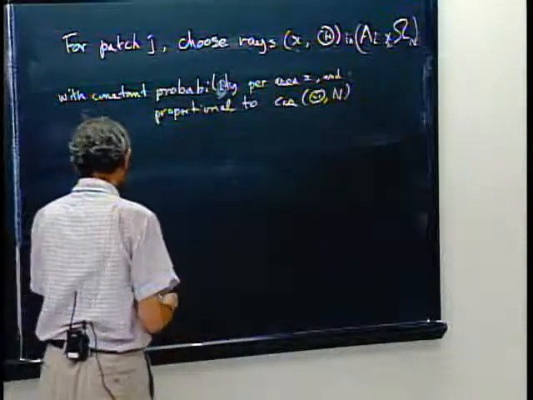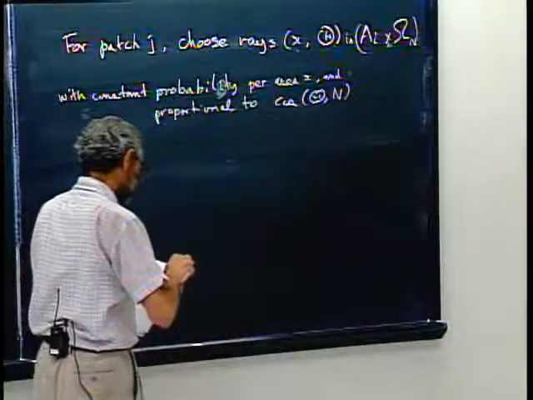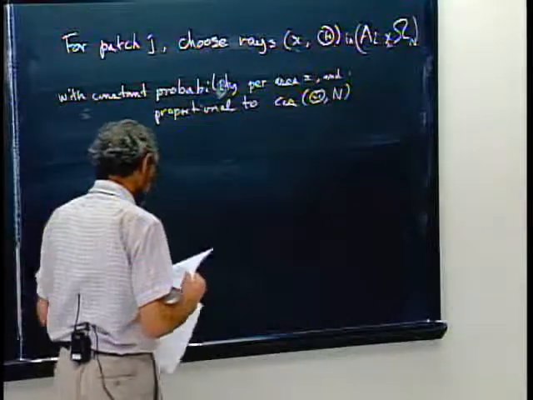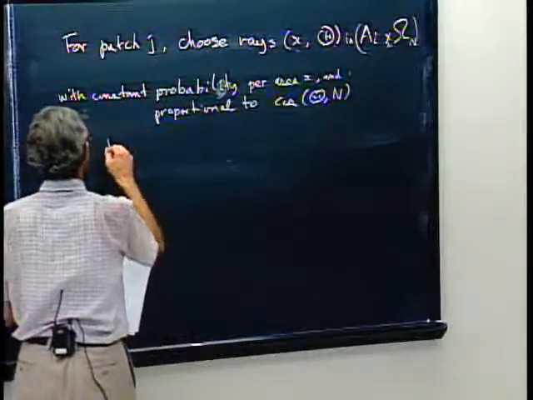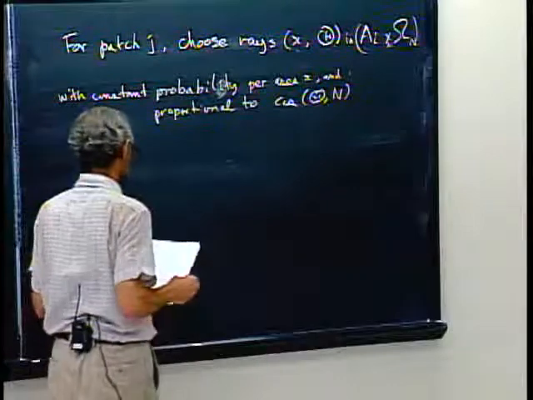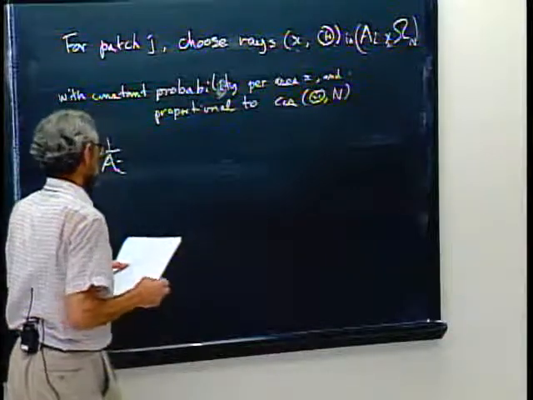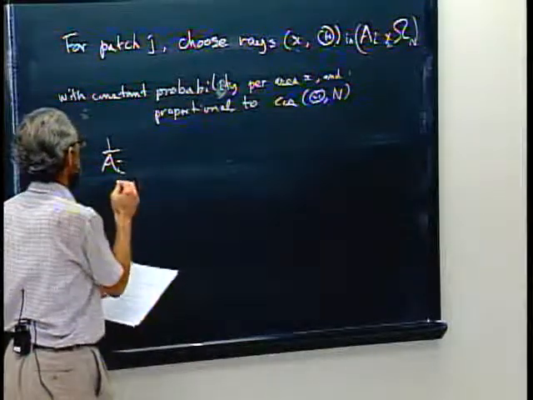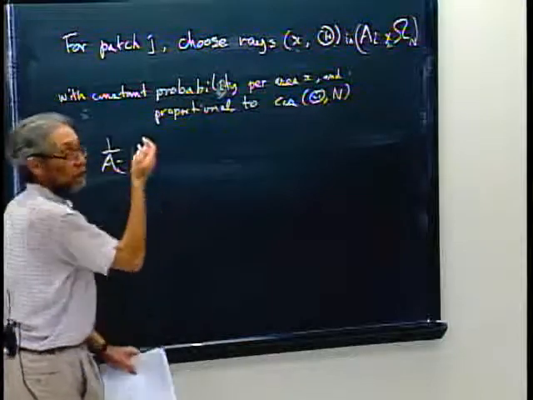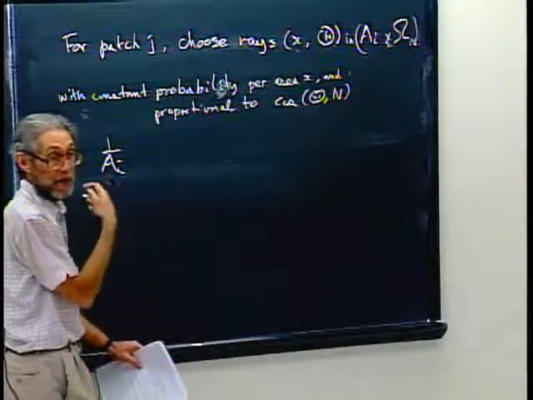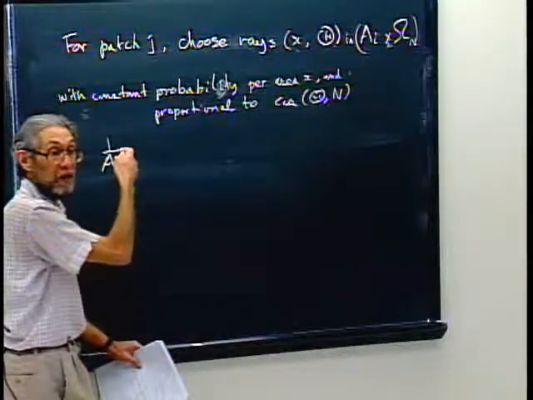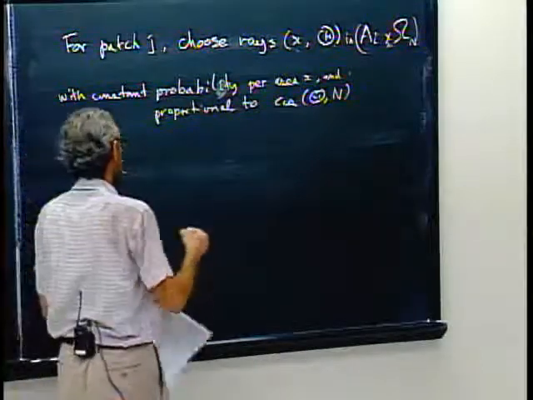And what they show in the book is that this is 1 over AI, because if it's going to be constant per unit area and the area is AI, the density of x per unit area is 1 over AI.